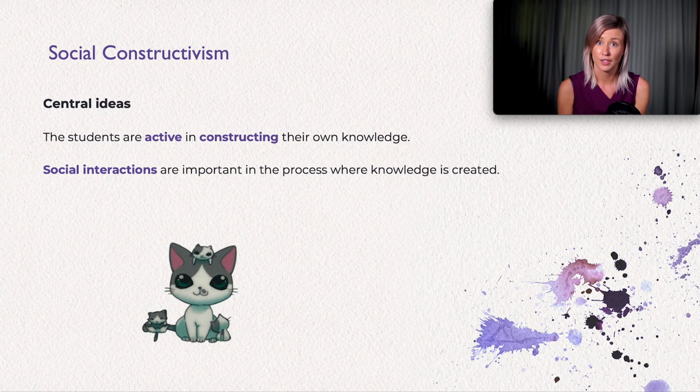The first, that they share with constructivism, is that the students are active in constructing their own knowledge. And the second is that social interactions are important in the process where knowledge is created.